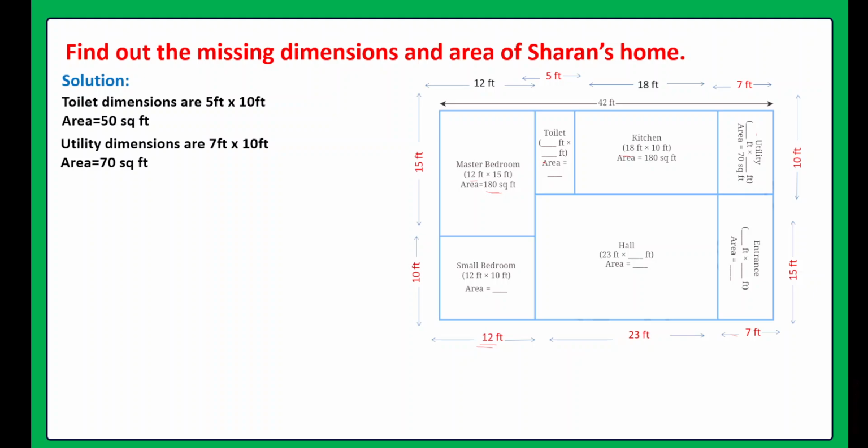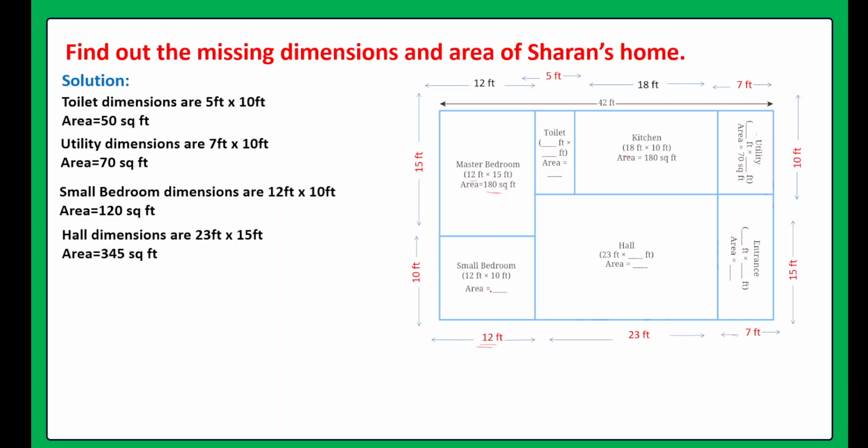Similarly, utility is 7 feet into 10 feet. Area is equal to 70 square feet. Small bedroom dimensions are 12 feet into 15 feet. Area is equal to 120 square feet.